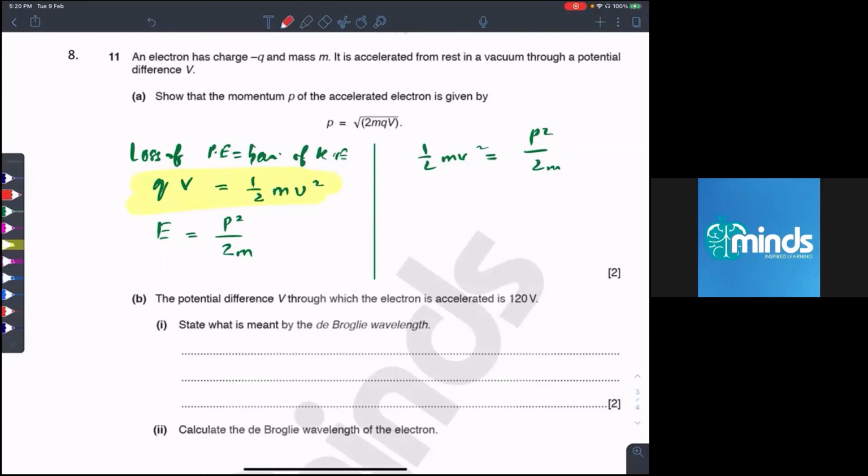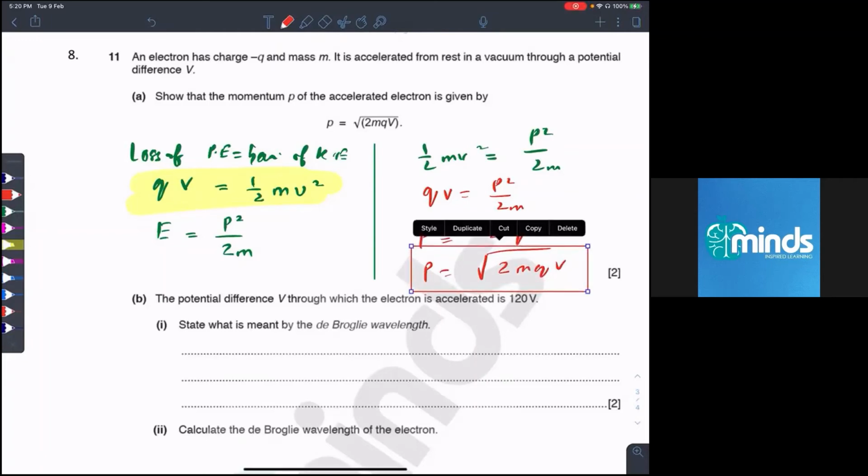So you can replace it: QV equals P square over 2m. P square is 2QV times m. So momentum is the square root of 2mQV. So did you people use the same steps? Yes, Maham, Amna, Anas.